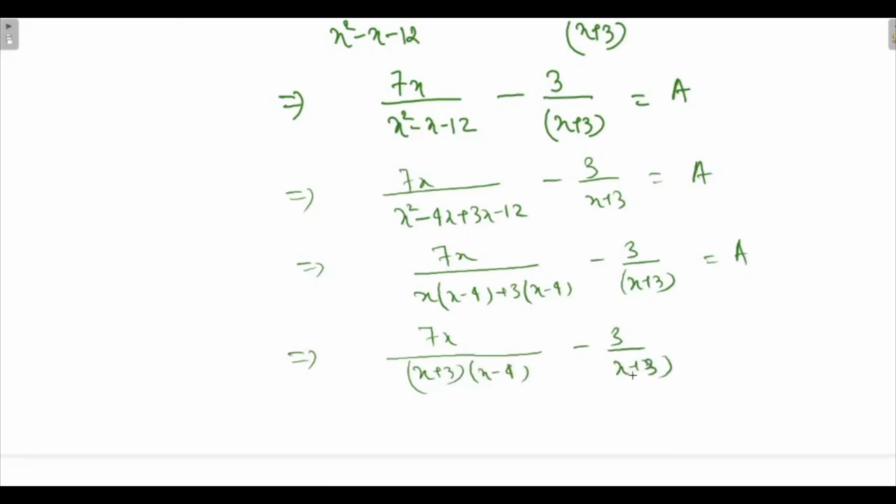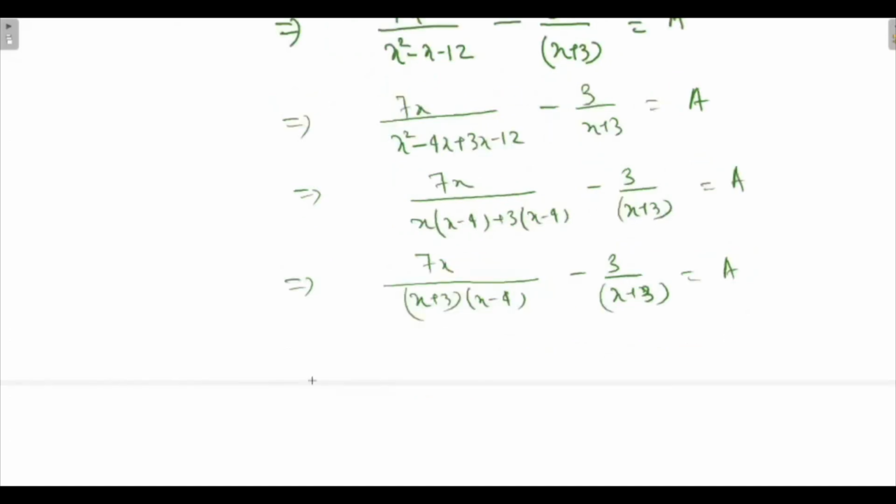Now I need to solve it. So I'm solving this. I'm taking x plus 3 into x minus 4 as LCM. Everything will be struck out here, so I'll be left with 7x into 1. I'm not writing it. Minus 3 times x plus 3 is actually going to divide by x minus 4 times, so I'm left with x minus 4.